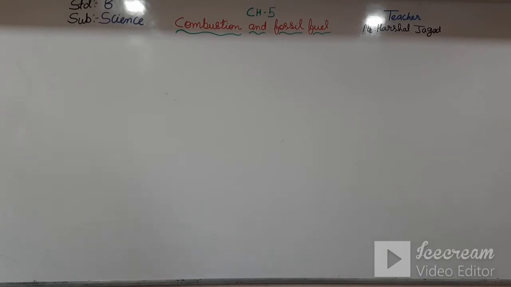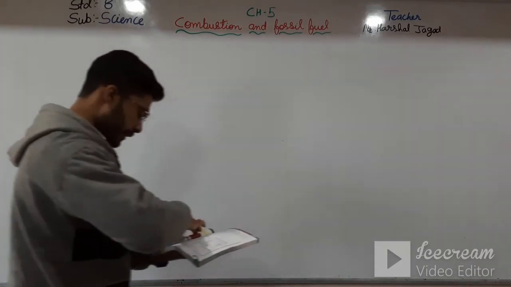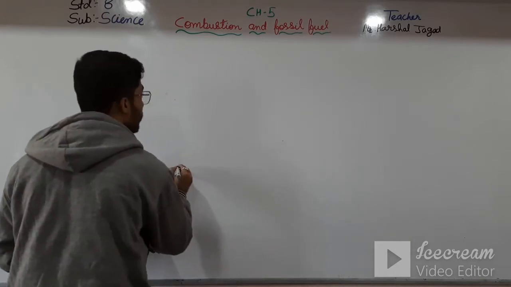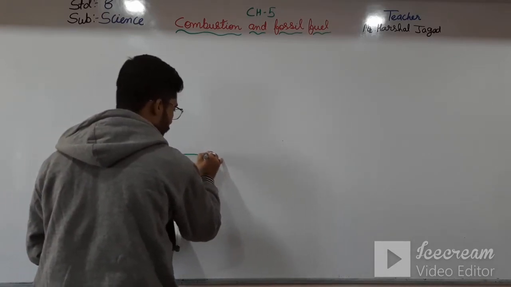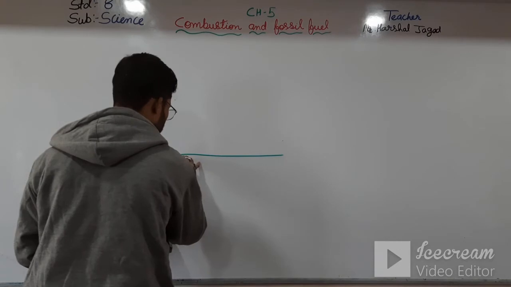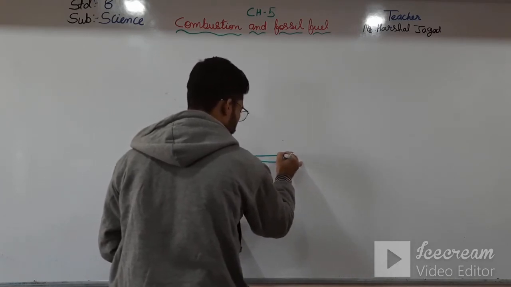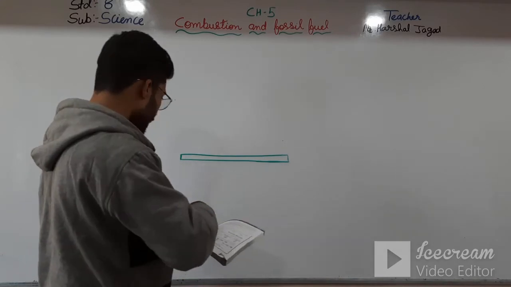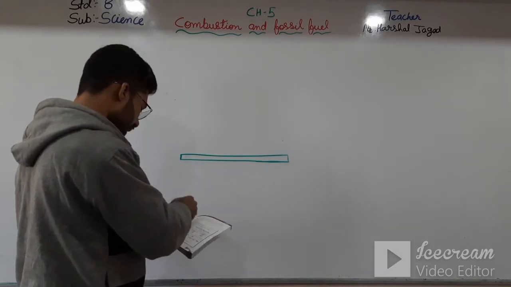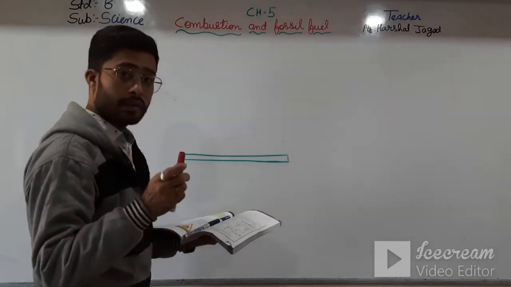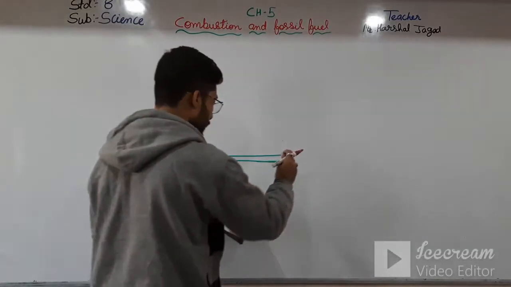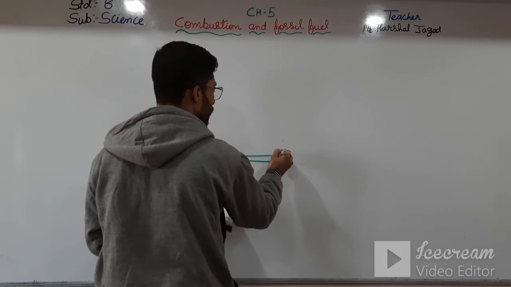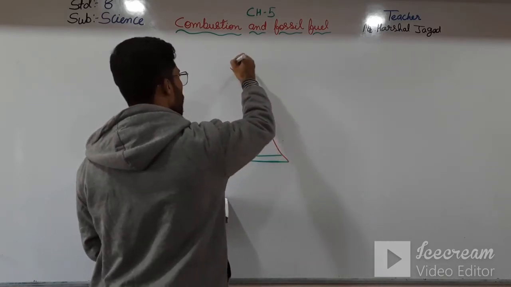We will draw a fire triangle like this. Here you can see fuel, which is in the green color on the downside. So this is fuel. And here I don't have the orange color marker, so I am using the red one.